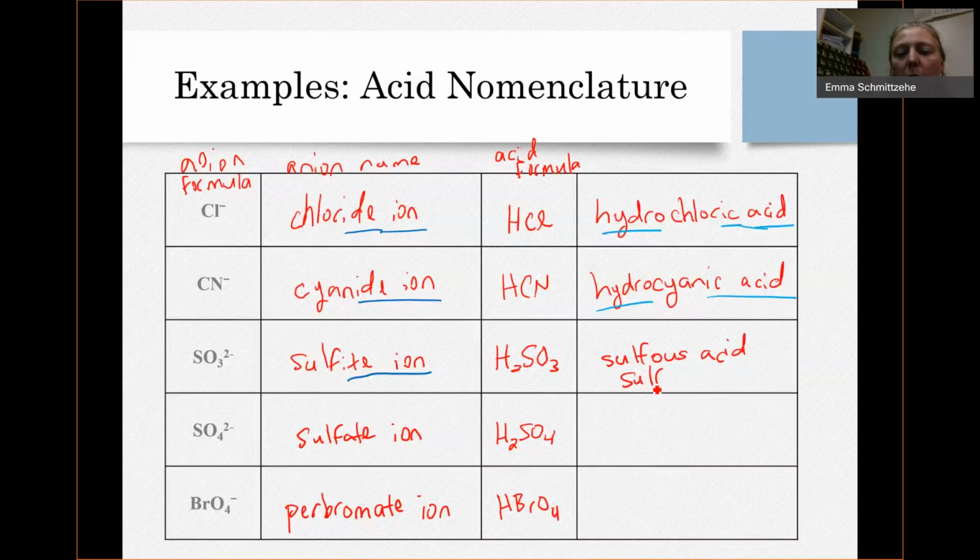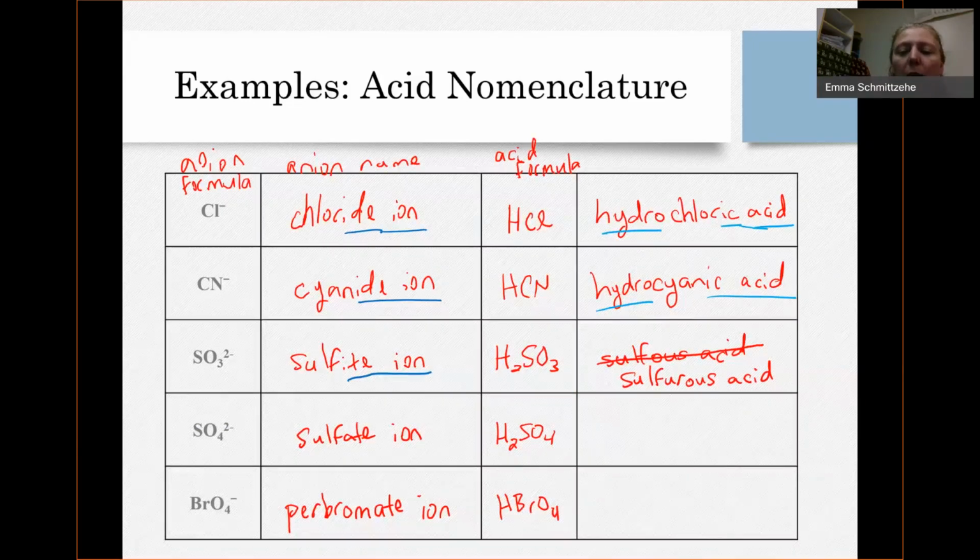So we call it sulfurous, and so we add back in the UR. This is kind of the direct conversion. If you said sulfous acid, usually people would know what you're talking about. They would just correct you and say, well, it's sulfurous.